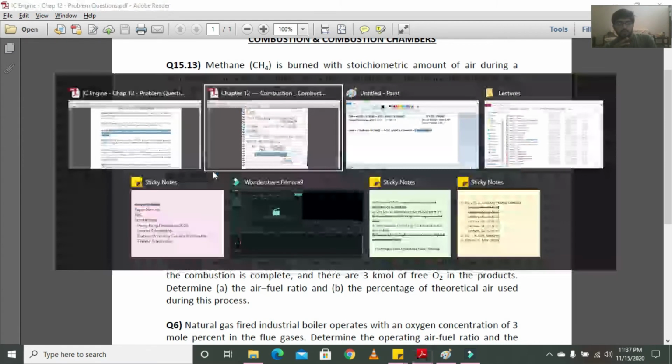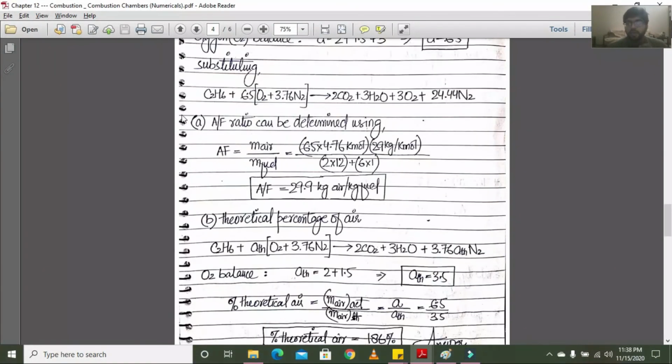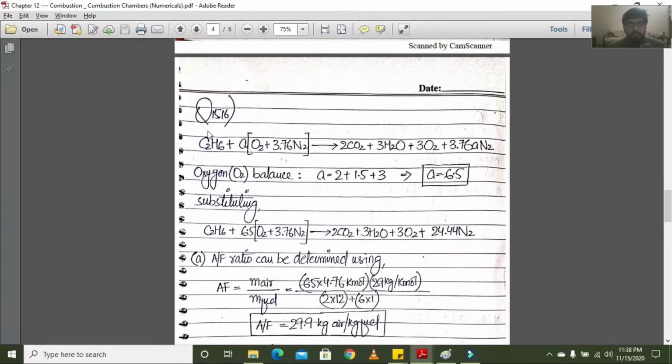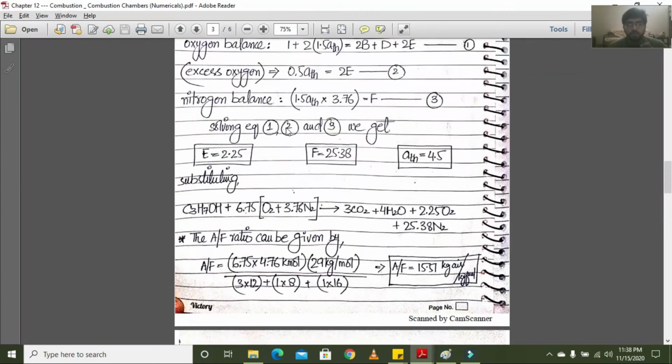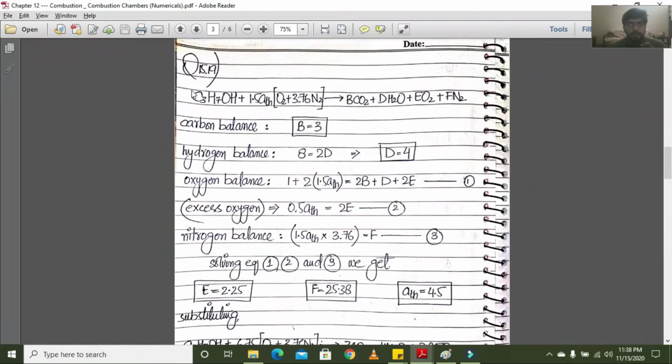So okay, now moving towards the solution of this question, we have propyl alcohol, C3H7OH, and it is being burned in the presence of 50% of the excess air.